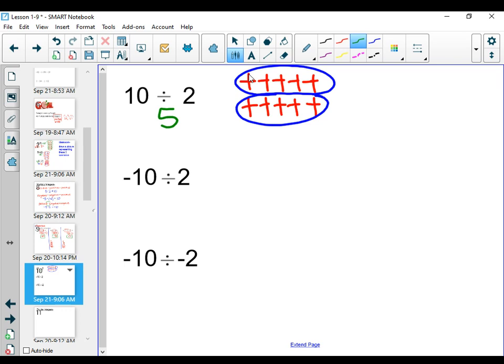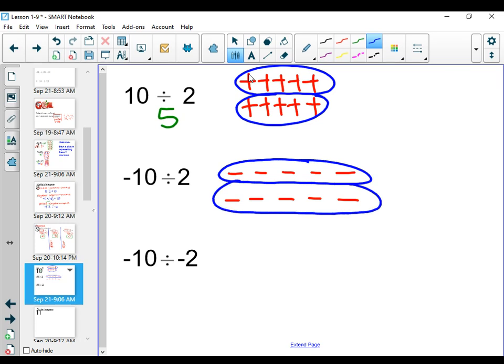There was no possible way to get a negative answer out of that. In this second one, I have 10 negatives, broken into 2 groups. What's in each group? 5 negatives in each group.